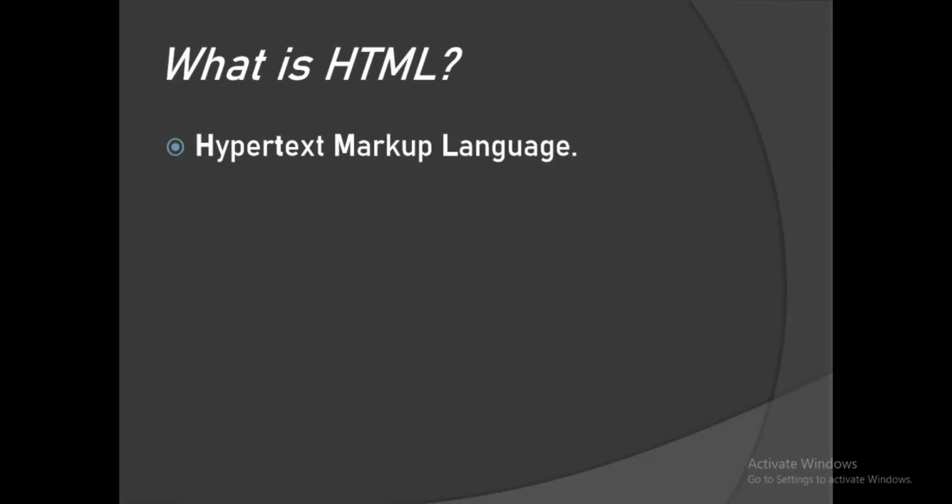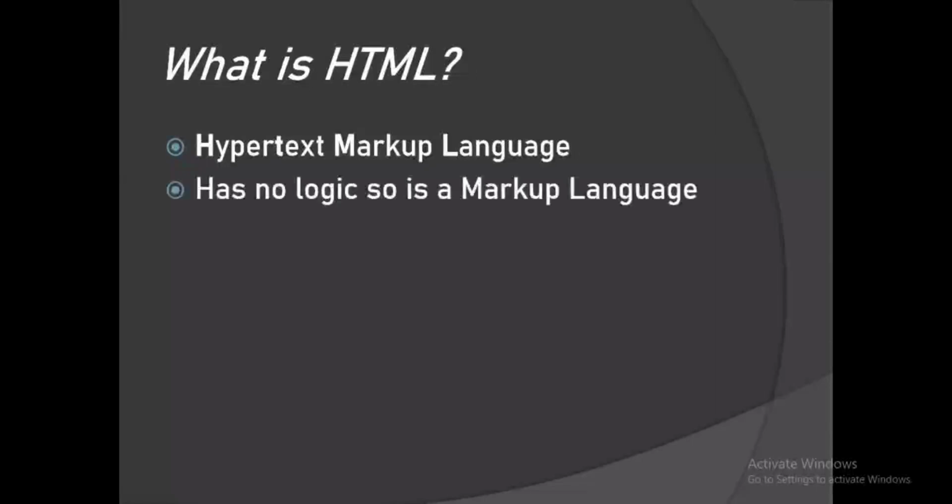So what is HTML? HTML is short for hypertext markup language, and it has no logic. It's a markup language, not a programming language, and this has really caused a lot of arguments among students. When I was also starting about 6 months ago, I wanted to know if HTML is a programming language.